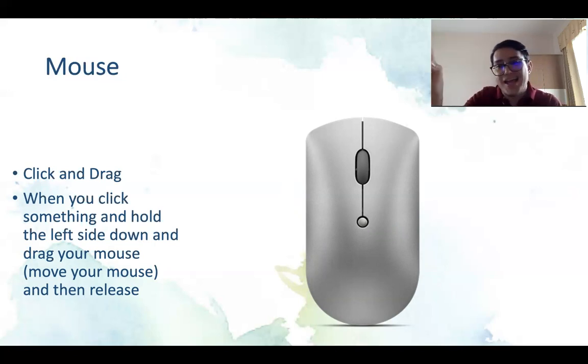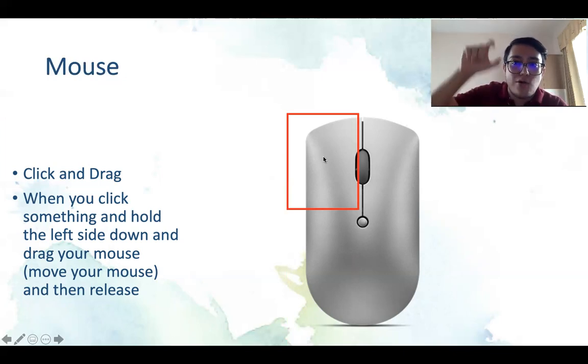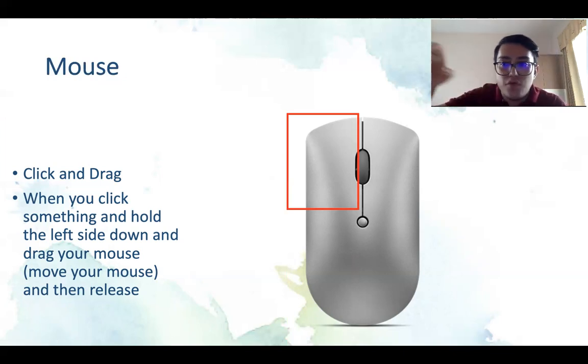You press and hold the left side, then move your mouse, and then you can drop it somewhere else. For this, you have to select something, obviously. For example, you press and hold on a folder and you can drag it and move it.